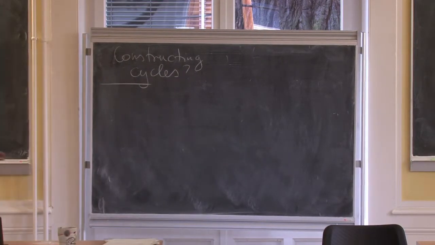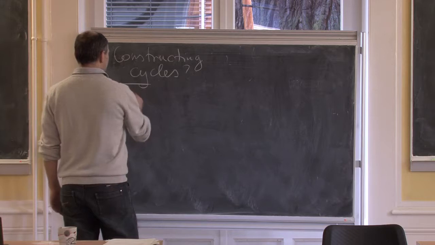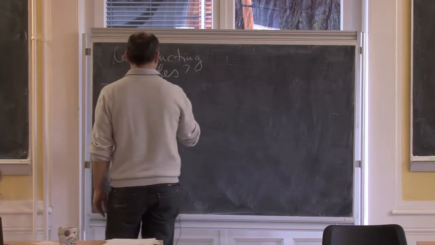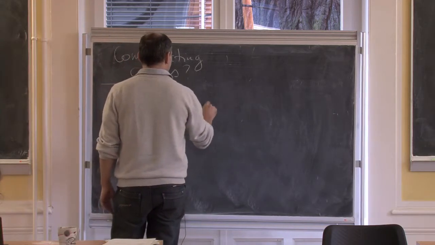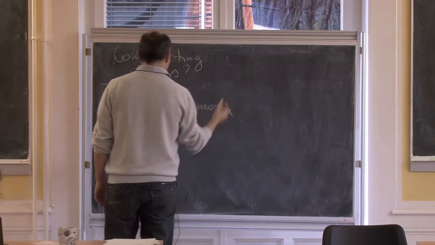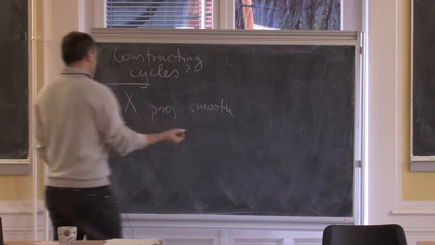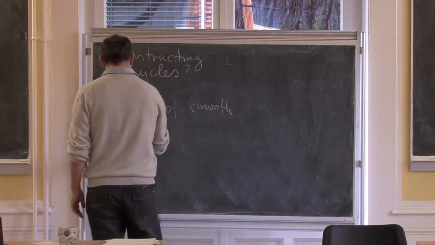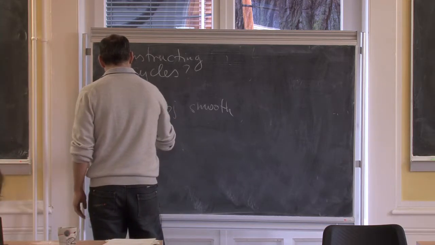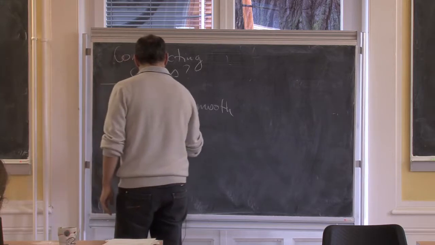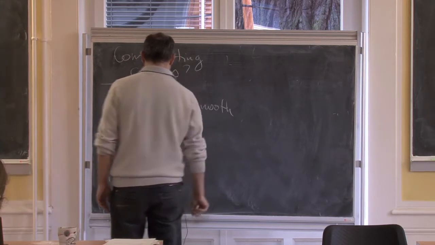So the problem is that in fact we have a method of constructing all cycles formally, which is that we just take our variety X, which is, let's say, projective, because that's where we can intersect the best, and then we just take some local affine chart.